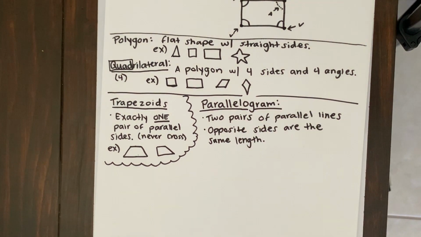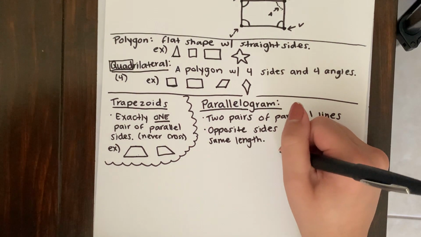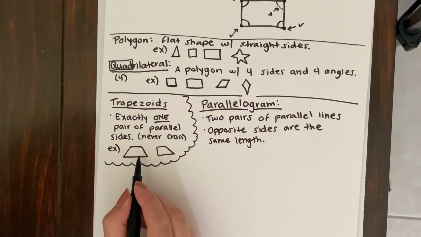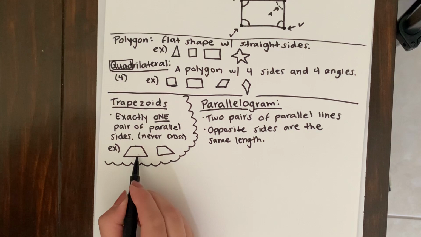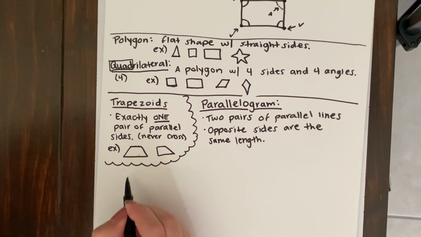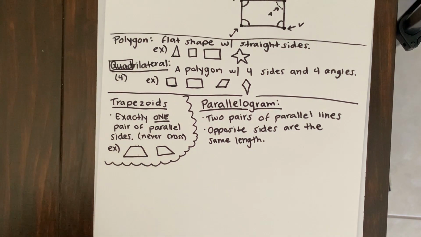So when we're talking about opposite sides, the sets of opposite sides, just like when we were looking at this shape over here, are top and bottom, they're opposite of each other, and then the sides that are left to right. So remember, we can kind of think of it as like they're neighbors across the street from them, okay? So their sides on the opposite side of the street from them have to be the same. The top and the bottom have to be the same length, and the side and side have to be the same length, the right and the left sides, okay?